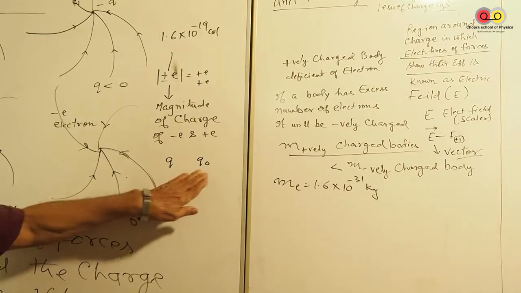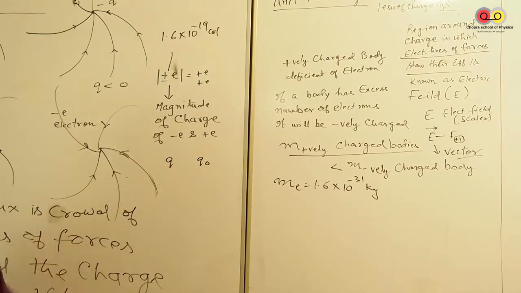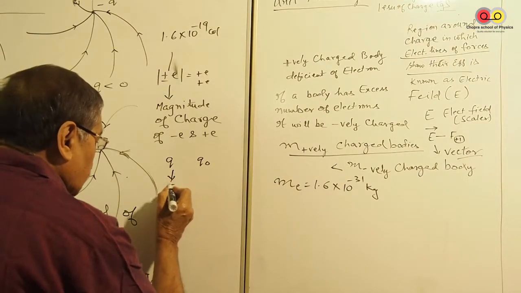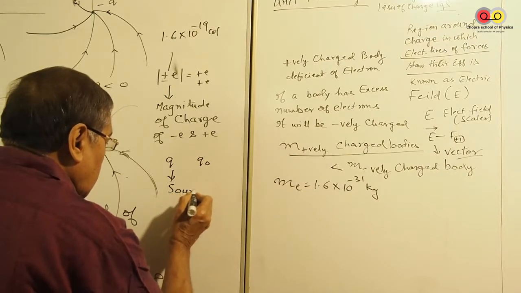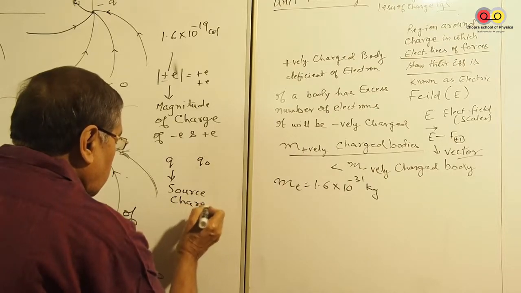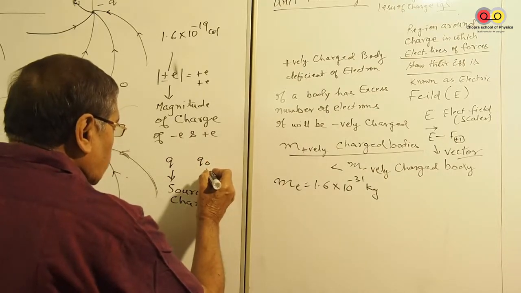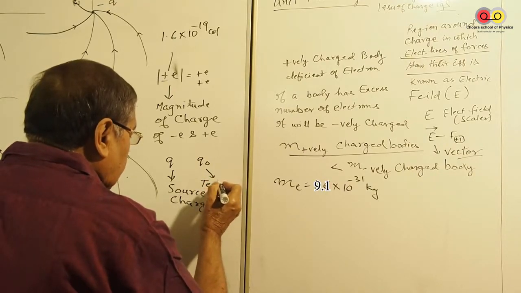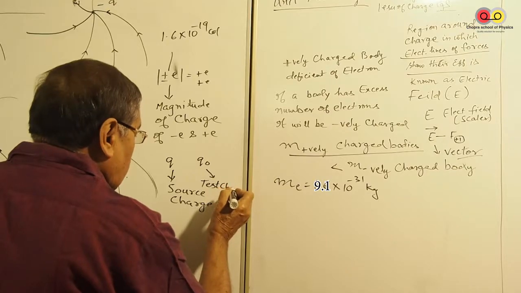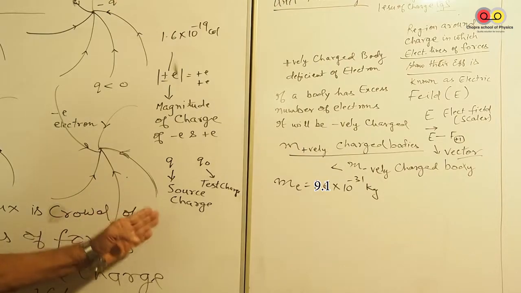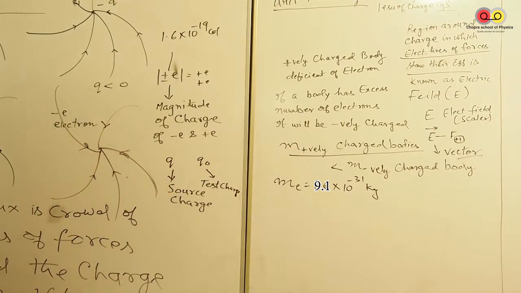Q stands for source charge, and Q naught is the test charge. So these are two representations: one is a source charge, the other is a test charge.